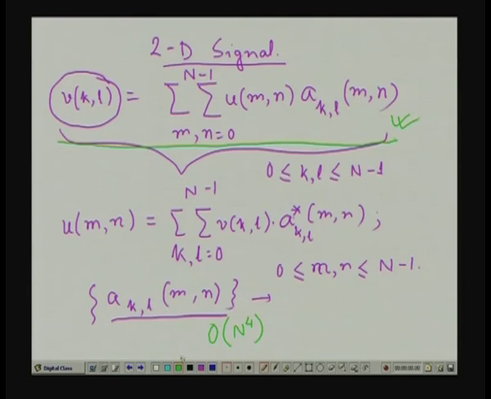Obviously, to reduce the computational complexity, we have to use some mathematical tools, and that is where we have the concept of separable unitary transforms.